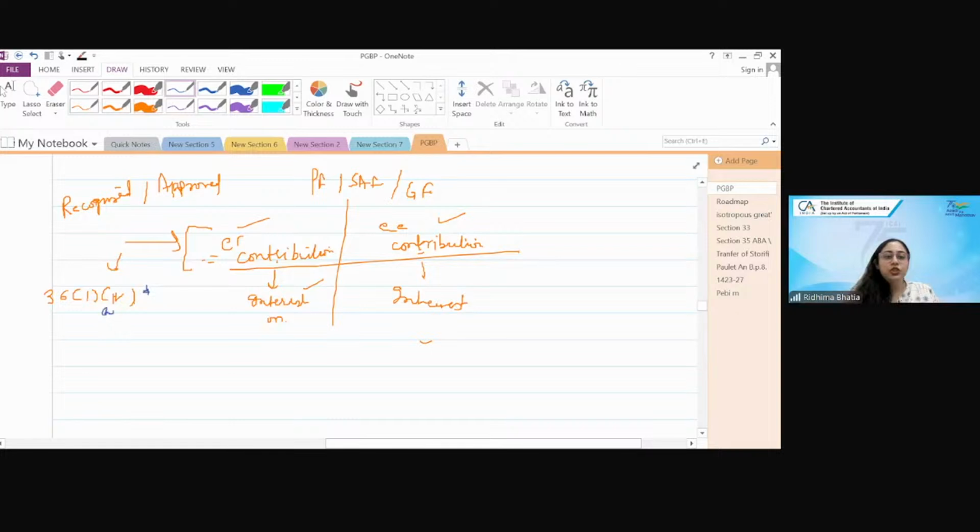They should be deposited with the funds till or before the due date of return filing. Due date of return filing of what? Due date of the return filing of the employer, of the business. It can be 31st July, it can be 31st October, it can be 30th November. Whatsoever is the case, based on that, you have to deposit the contribution.